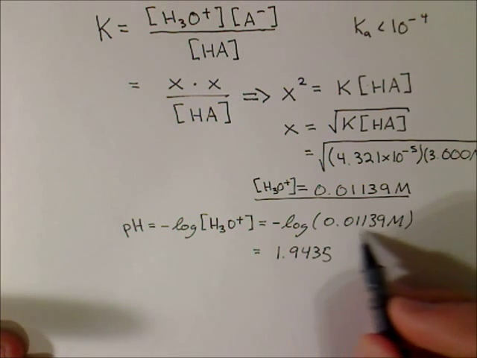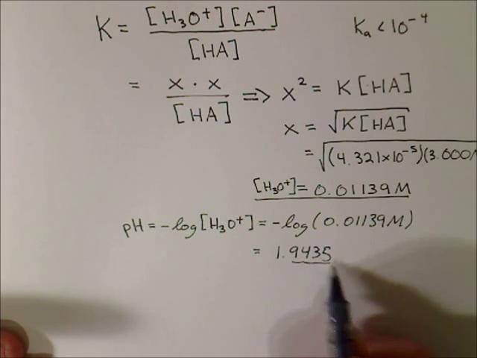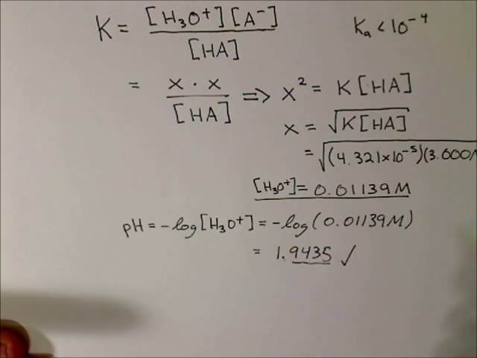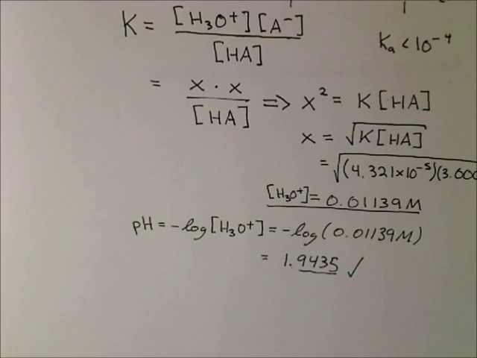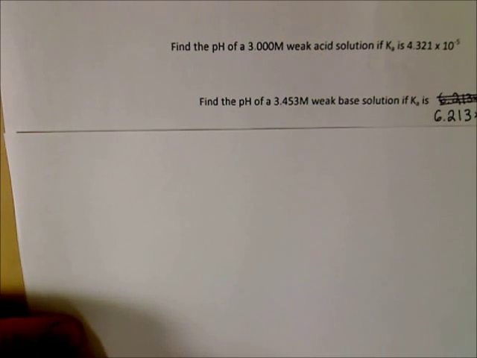We have 4 significant figures here. After taking the log, you should have 4 significant figures past the decimal. So that checks out. So our pH is 1.9435. So that's the solution for a weak acid. Now let's work on a weak base solution problem.